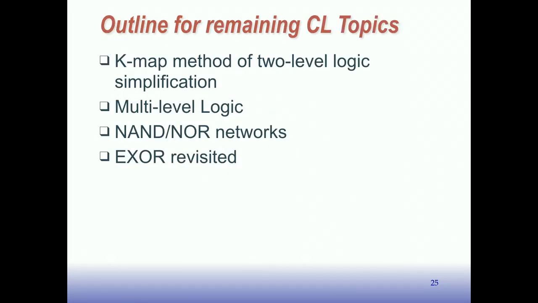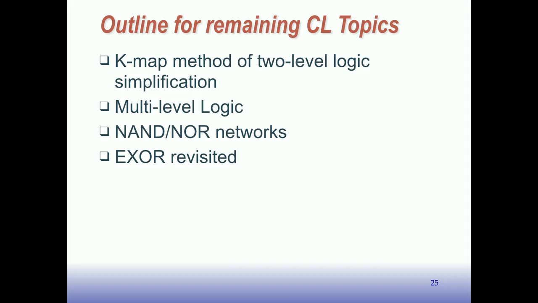Okay, so the remaining topics. I'm going to show you another method for 2-level logic simplification, which is much simpler than the algebraic method. It's kind of an old-fashioned method, doesn't get used much, but I think it gives us a lot of intuition about Boolean functions. And then, as promised, I'll say something about multi-level logic and why that can actually yield better results.